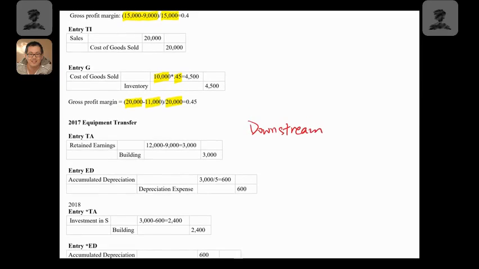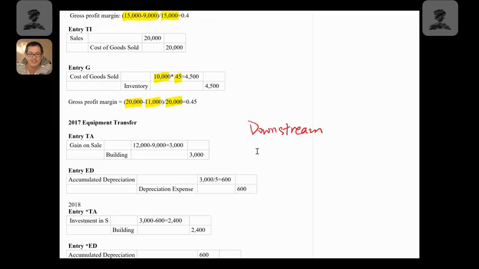In 2017, when we have this transfer, we debit gain on sale and credit, using entry TA, to eliminate the gain on this intra-entity asset transfer. At the same time we credit buildings to adjust buildings back to their true book value, because the buildings are overstated when the parent sold them at a price higher than their book value.